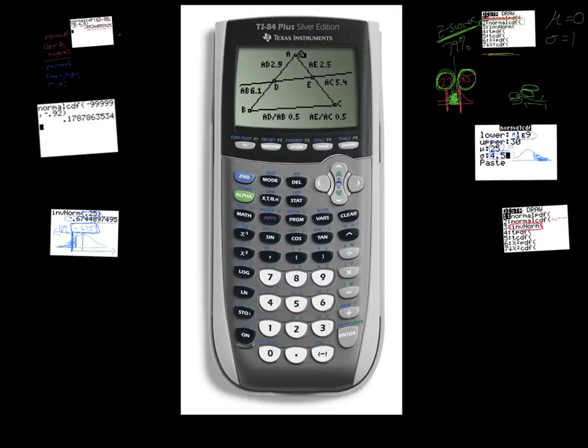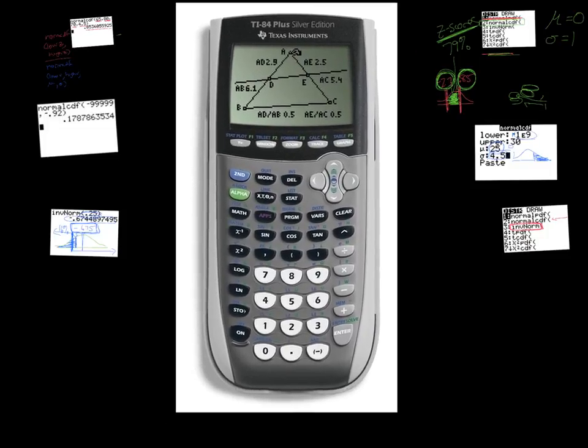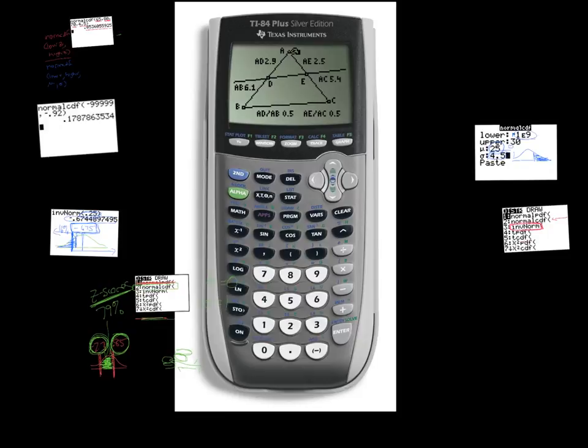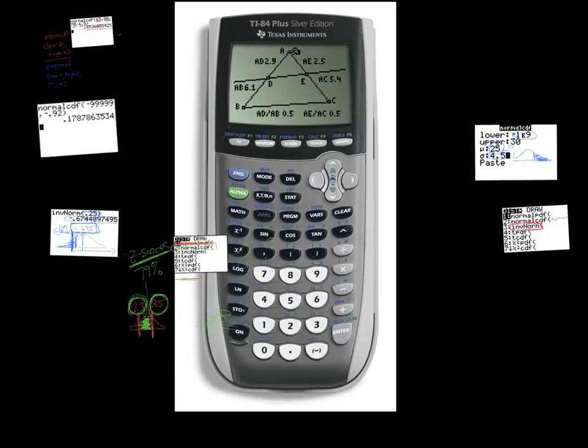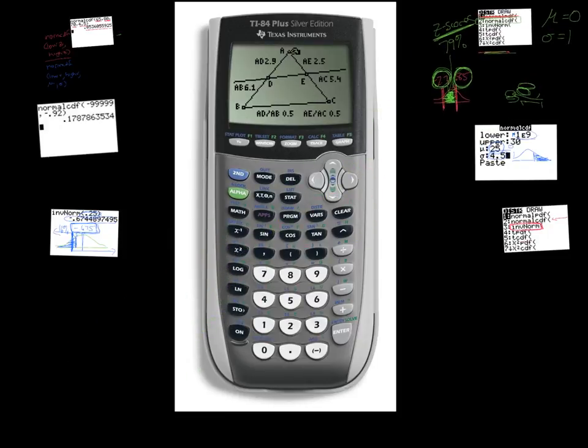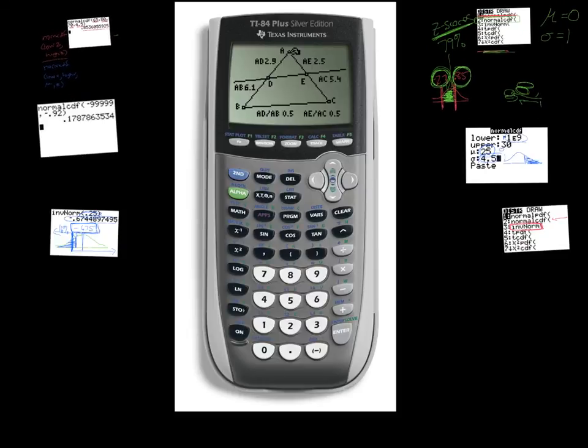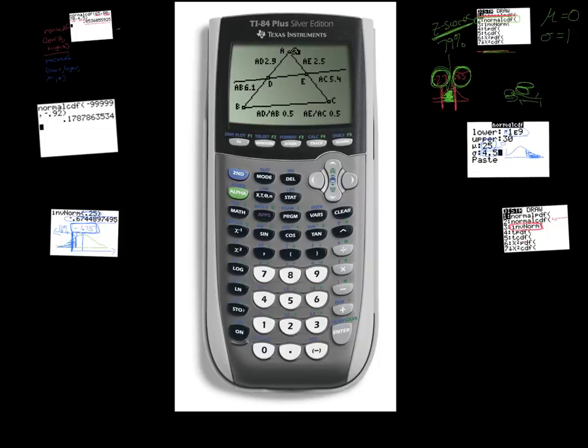We know second vars on our calculator brings us to the distribution function, and we find in our distribution function normal CDF, and normal CDF tells us the area under the curve, and it might look like this, it might look like this, but either way we type in our low and high z-scores, and if that's the case, then that means the mu is 0 and the standard deviation is 1, and it'll tell us the area under the curve.